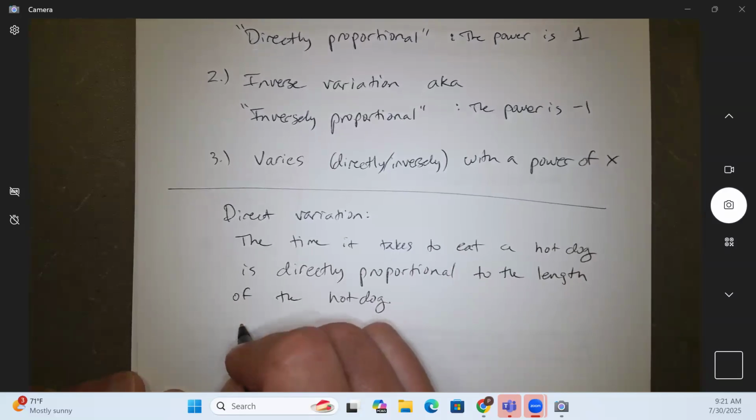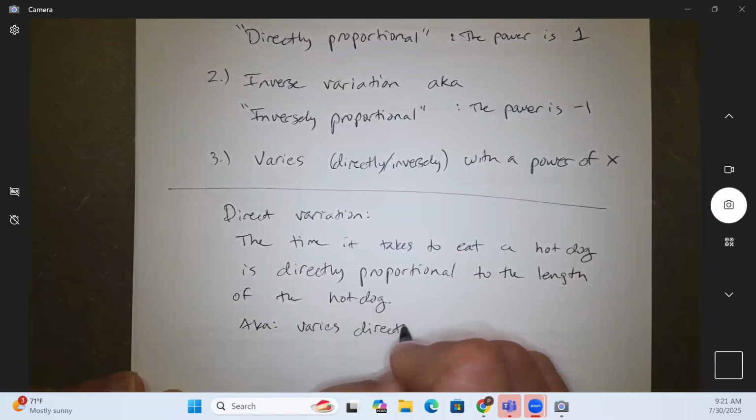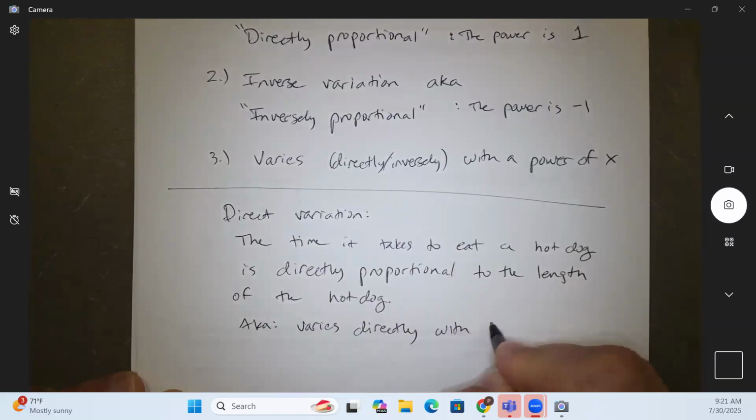Or you could say, AKA, varies directly with the length of the hot dog.